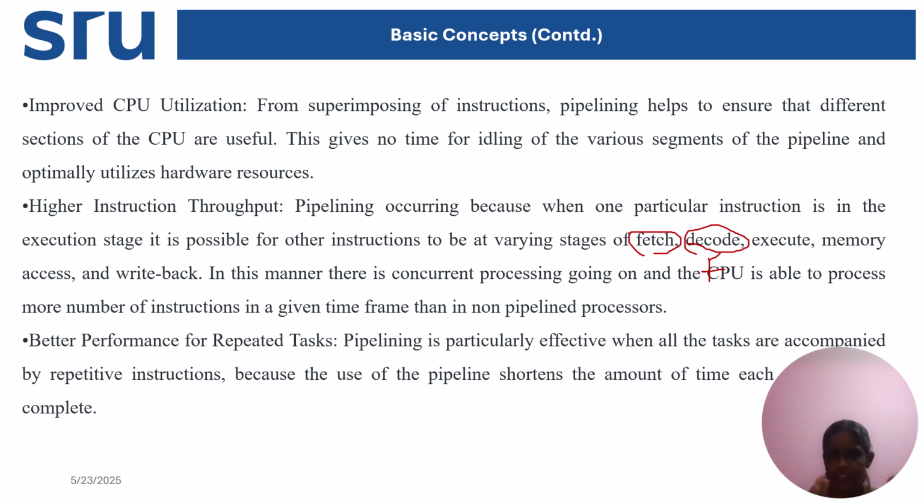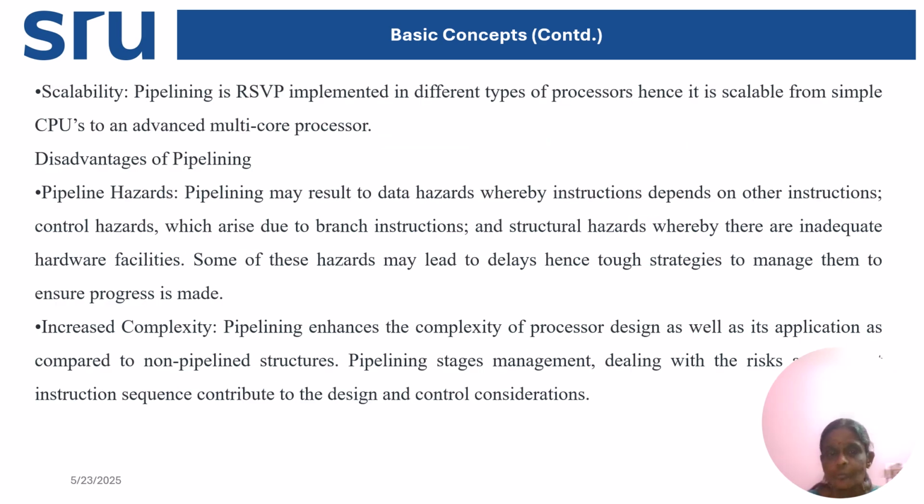Super good performance is provided by pipelining. With repeated operation we can expect even more performance, because the use of the pipeline shortens the amount of time required for each instruction to get completed.